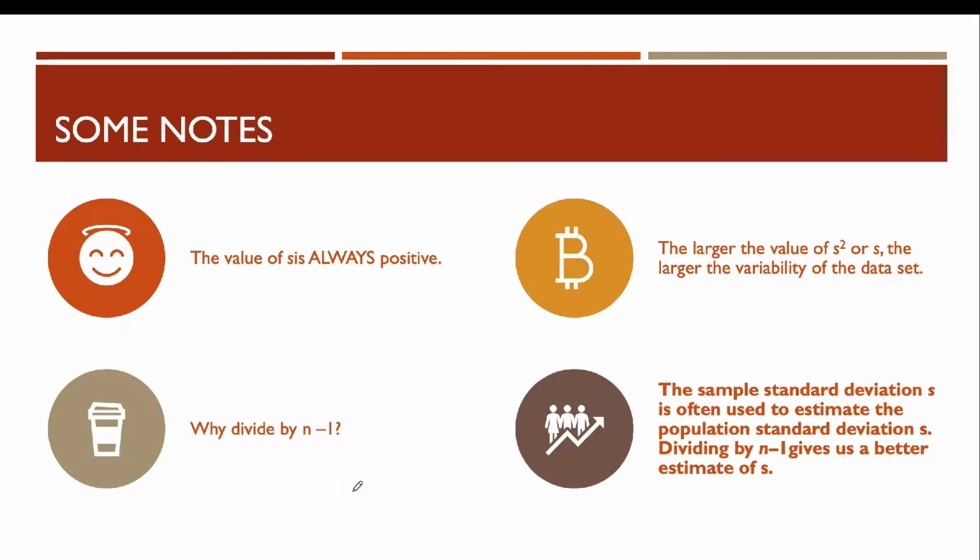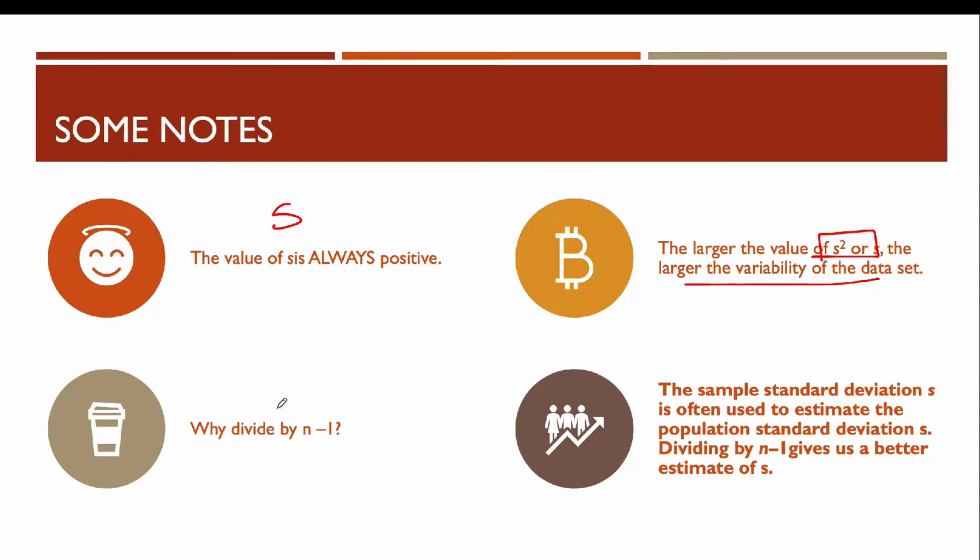Okay, some notes to notice. The value of S is always positive. So the larger the value of S squared or S, the larger the variability of the data set. So this is the input that you have, you can take notes.